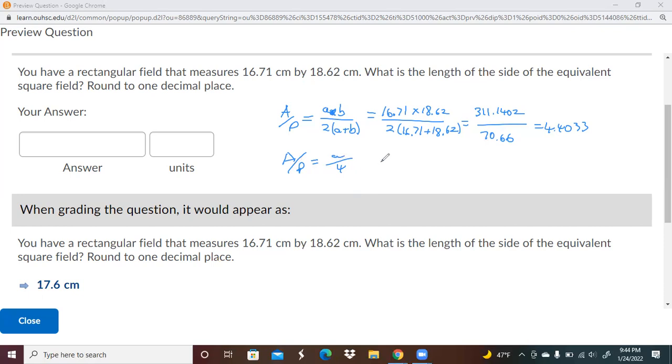All I have to do is solve for A to figure out the length of the side. So I take the answer here and multiply it by 4. And again, I come up with 17.6. Units are cm. Make sure to enter those in there. If you don't, that's going to be bad. And that's where that comes from.